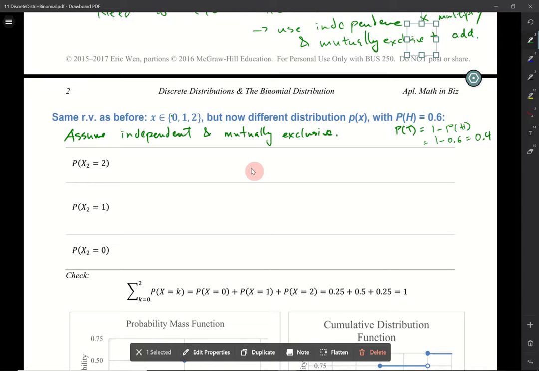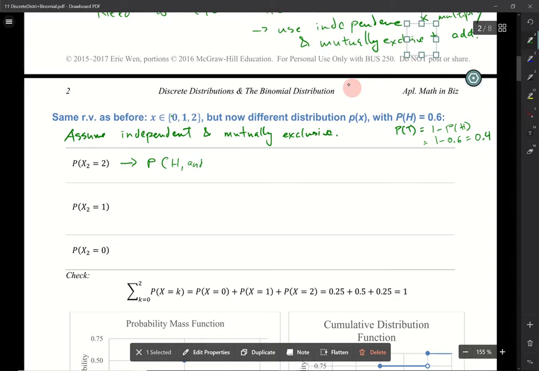Oh, multiply by 0.6? Is that right? Yeah, okay, right. So really what we have is the case where the random variable equals 2, right? If you go back to the underlying event, that's the probability that it was heads once and heads the second time, right?